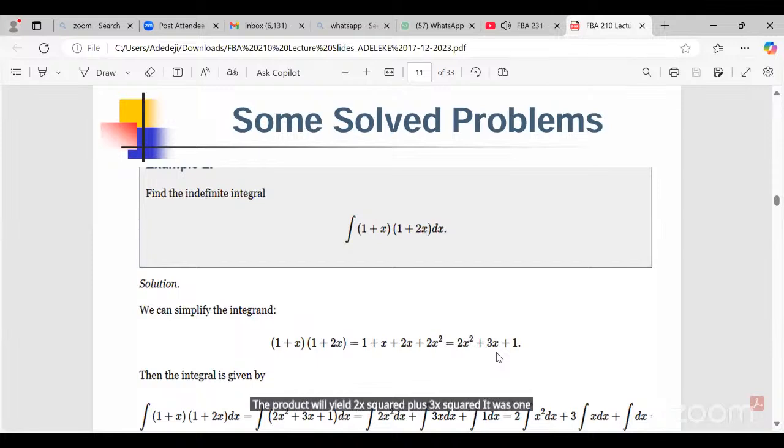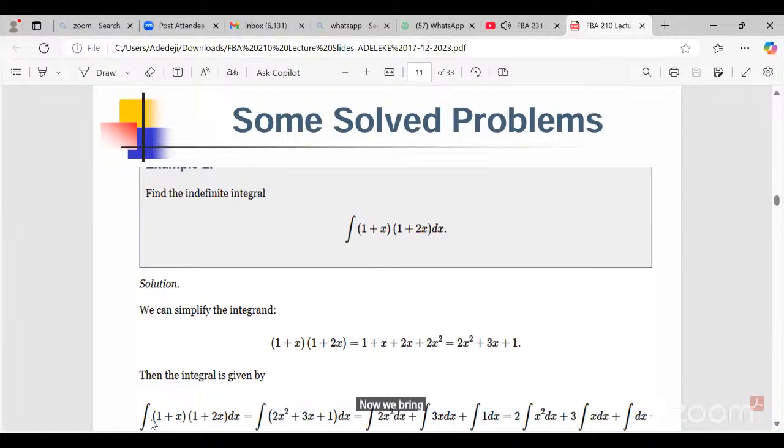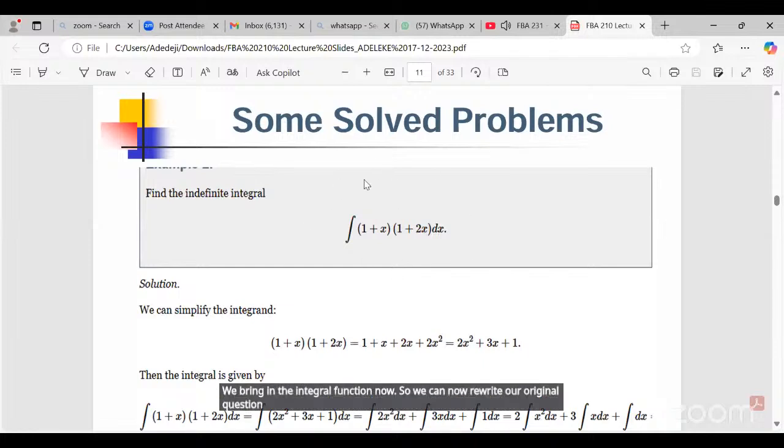That's the product. Now we bring in the integral function. So we can now rewrite the original question as the integral of, this is the expansion, 2x squared plus 3x plus 1.